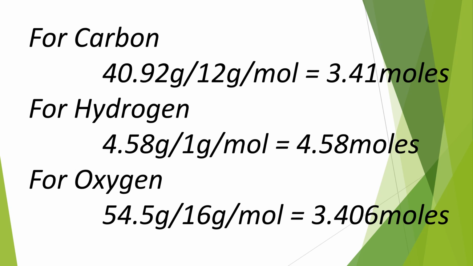For hydrogen, 4.58 gram divided by 1 gram per mole is equal to 4.58 moles. For oxygen, 54.5 gram divided by 16 gram per mole is equal to 3.406 moles.